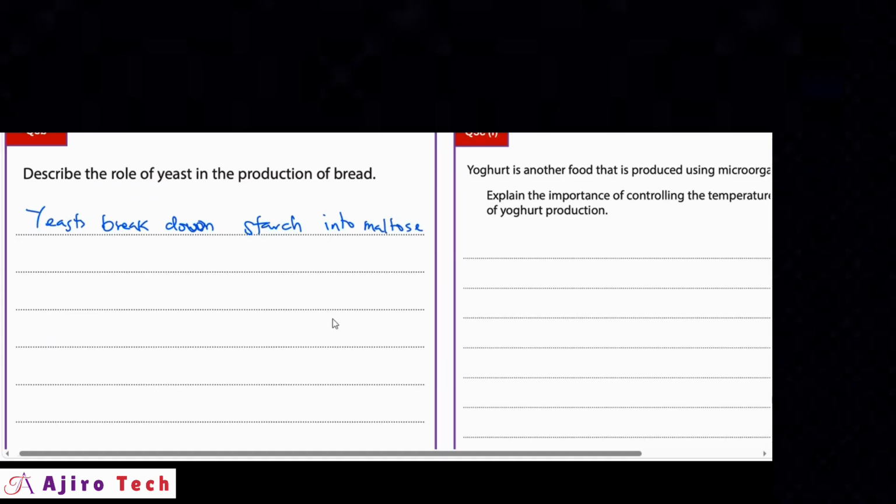The specific enzyme that does this is amylase. So yeast breaks down starch into maltose using amylase enzyme. Then yeast also produces maltase.